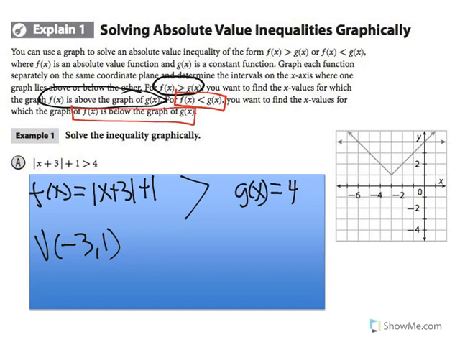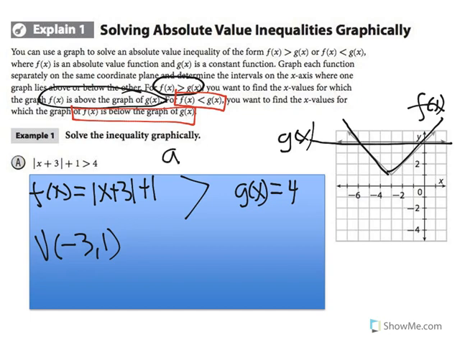This graph here is our f(x), and this one is our g(x). Since f(x) is greater than g(x), we want it above the graph of g(x), so we're looking for this area here and this area here.